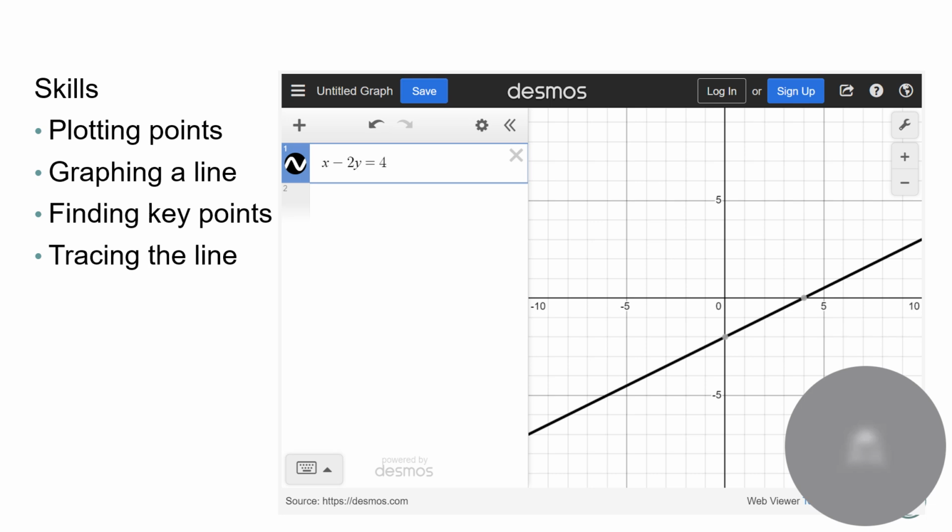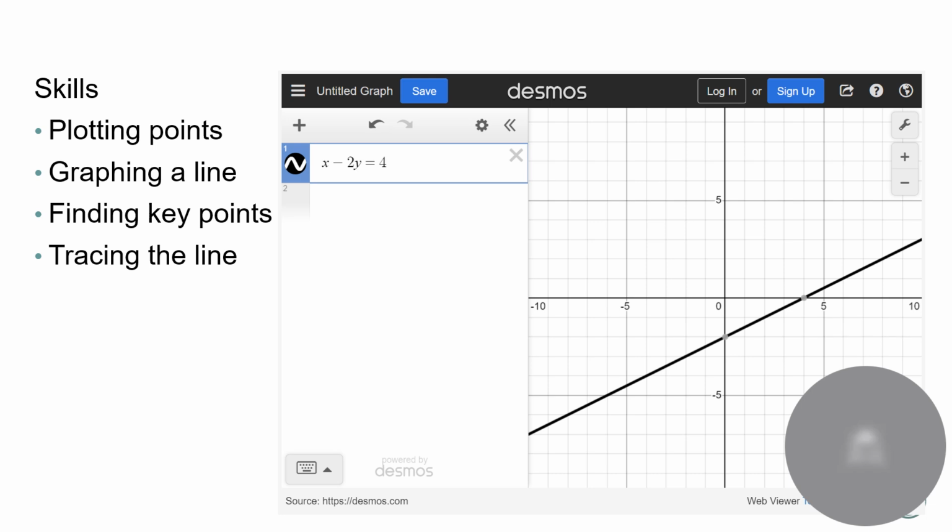Now, if I put my mouse on the line and I click it, notice that a point appears. And what that point is doing is it's tracing as I'm moving up and down. Okay, let me turn these off because they're kind of getting in the way. It's giving me all kinds of ordered pairs that work. So remember that we found the point 2, -1.